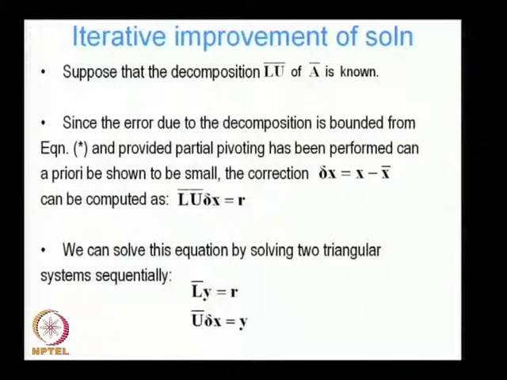Since the error due to the decomposition is bounded, we have seen that it is bounded provided partial pivoting has been performed. It can be bounded a priori, and we have shown that that error is small. The correction del x, which is the true solution x minus x bar, the solution that we have obtained from Gaussian elimination, we can write as L bar U bar del x is equal to R. Basically, let us go back to the previous equation.